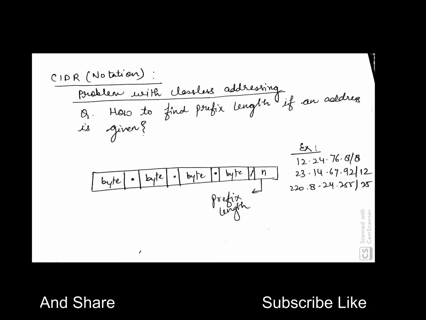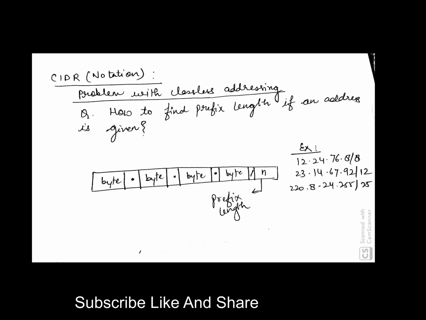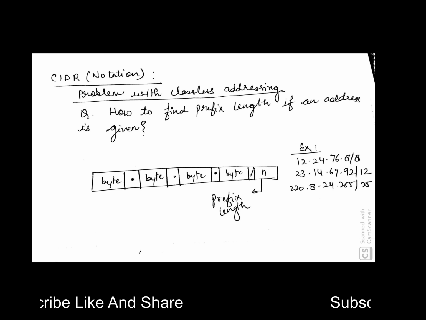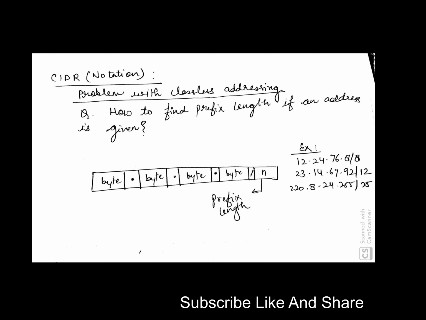So what about the CIDR notation? This is the CIDR notation. CIDR is also known as classless interdomain routing. It is responsible for finding the prefix length if an address is given. Since the prefix length is not inherent in the address, we use the prefix length.